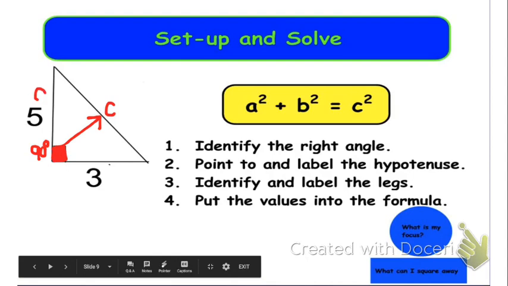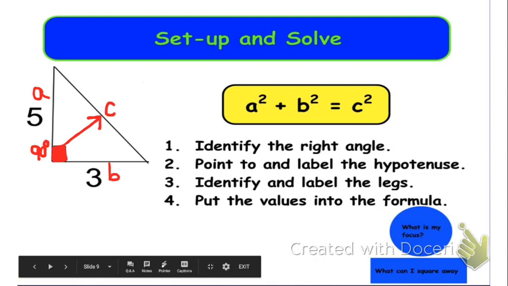Well, this is leg A, and this is leg B. If you ever get confused and you're not sure which one is leg A or leg B, it doesn't really matter, because those two added up together are going to equal C. So the one that matters the most is leg C. So if you didn't want to label your legs the way that I have mine labeled, if let's say you wanted to label this B and this A, you would get the same number. Okay, so I'm going to go back.